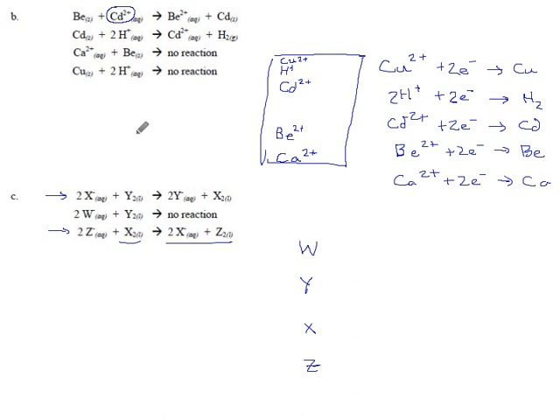Now for these, remember, in all of these reactions we're going from our higher form to a lower charged form. So for W, the higher form would actually be 0, and the lower form would be the ion. So W would have to look something like W plus an electron turns into W minus. Is this diatomic?